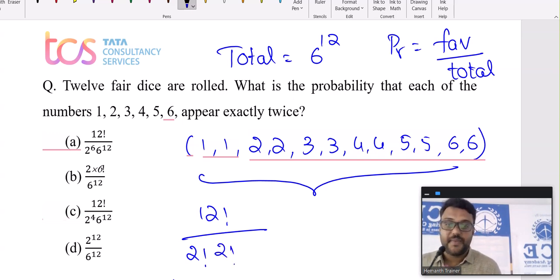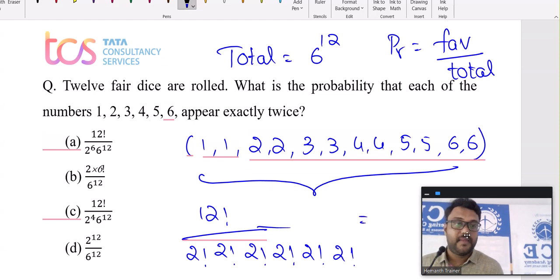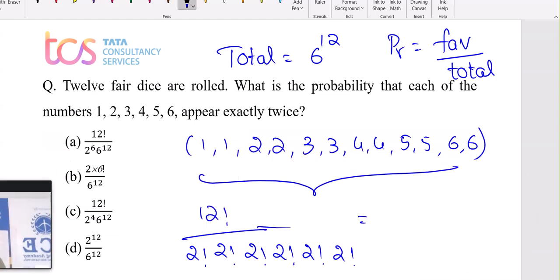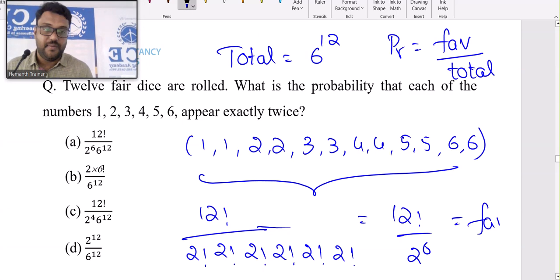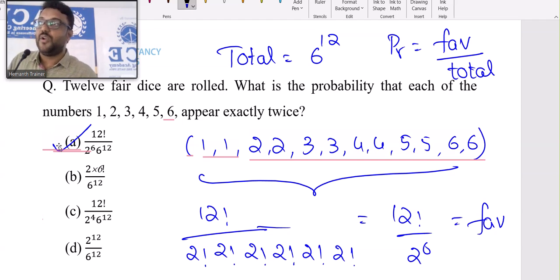Twos are repeated, threes are repeated, fours repeated, fives repeated. 2 factorial is nothing but 2. That is why you can see 2 power 6 in the denominator here. So 12 factorial divided by 2 power 6 is the favorable. Total is 6 power 12. Favorable out of total, if you do, we get option E: 12 factorial divided by 2 power 6 into 6 power 12.